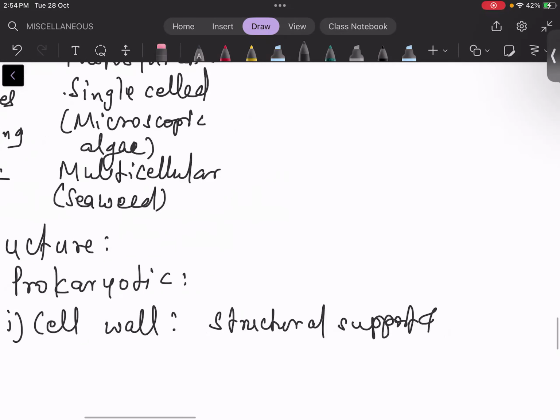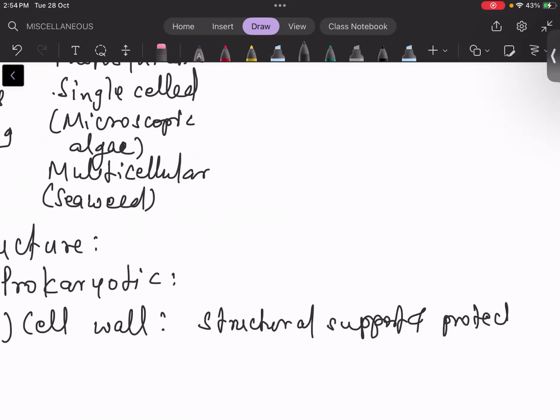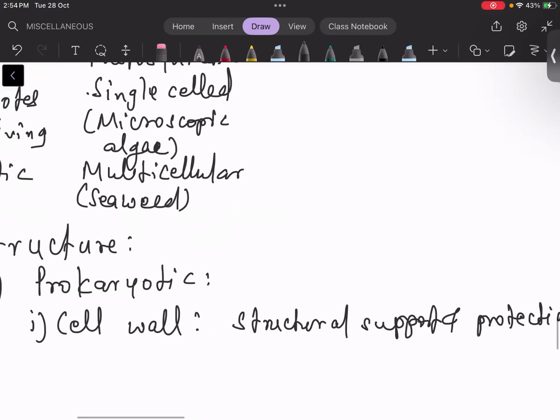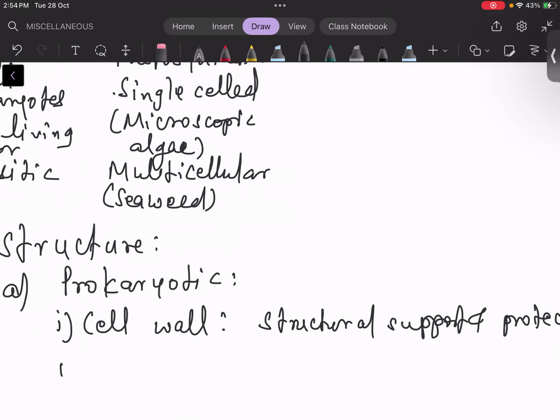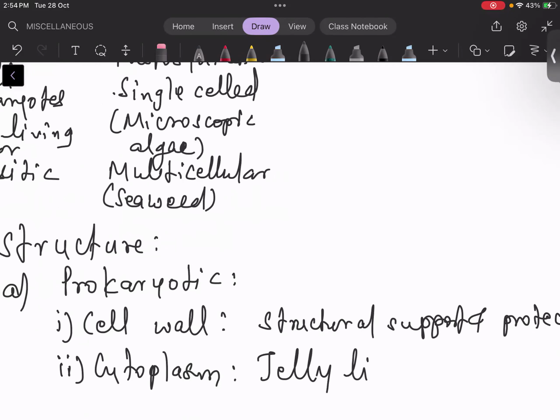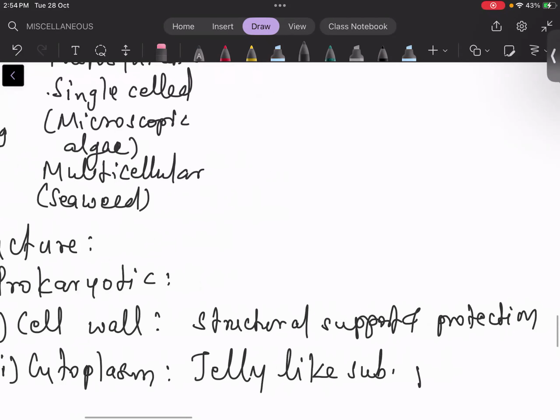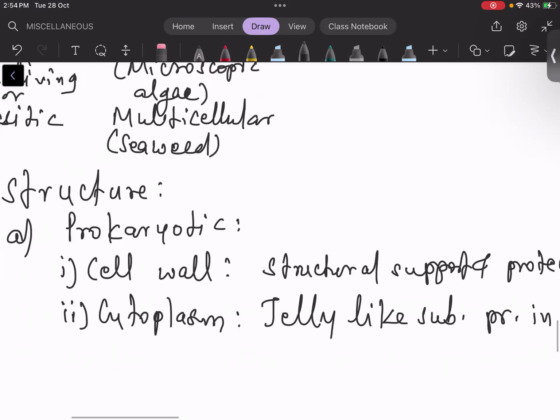Then second, cytoplasm, a jelly-like substance filling the cell.